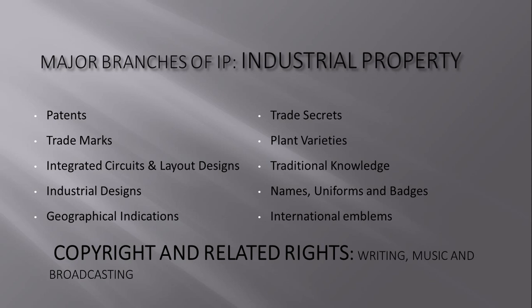The following forms of IP are all under the branch of industrial property. We have patents, trademarks, integrated circuits and layout designs, industrial designs, geographical indications, trade secrets, plant varieties, among others. All these fall under industrial property.